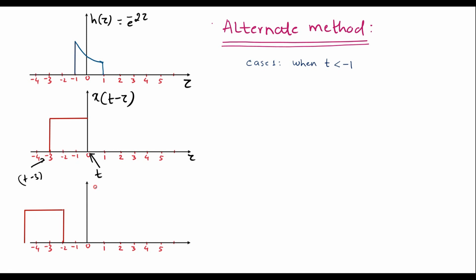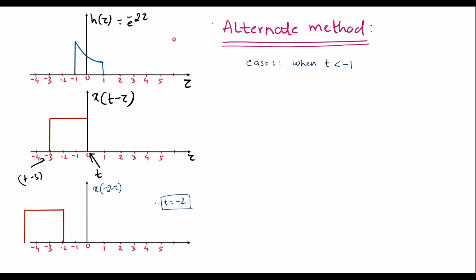So now I will consider this signal as x of minus 2 minus tau, because here t is equal to minus 2. Here we can see that the signal x of t minus tau is shifted towards the left by 2 units.